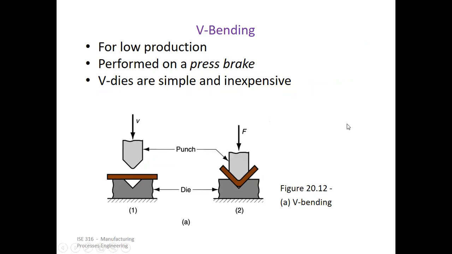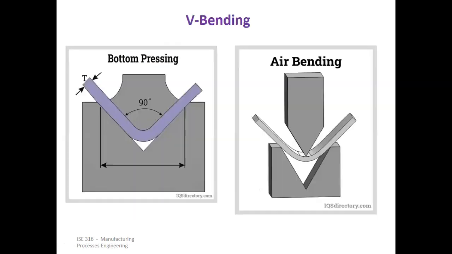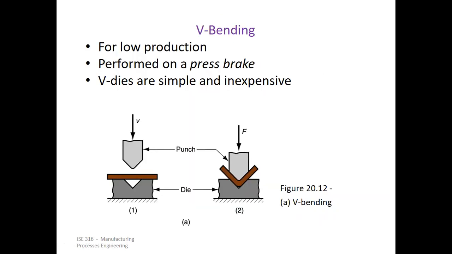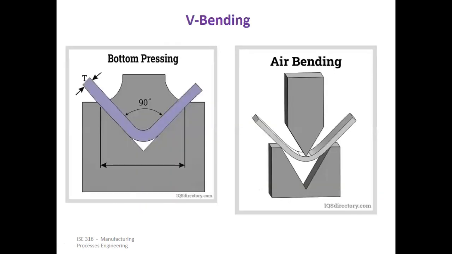Performed on a press brake, V dies are simple and inexpensive. That's V bending because you're making sure that the profile is actually V. As for bottom pressing, you can see that you have a smooth contour.